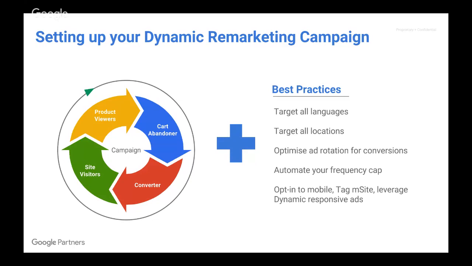And the same as for frequency or ad rotation, machine learning will enable the algorithm to show on mobile for people that are likely to convert on their mobile. So don't worry about it. If you set up a good target CPA or a good target ROAS, it will work also on mobile.